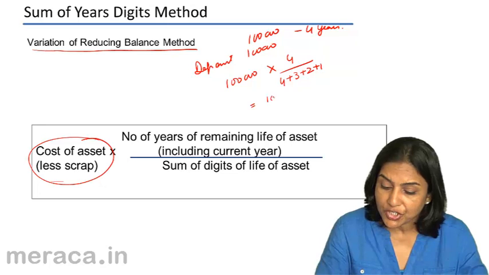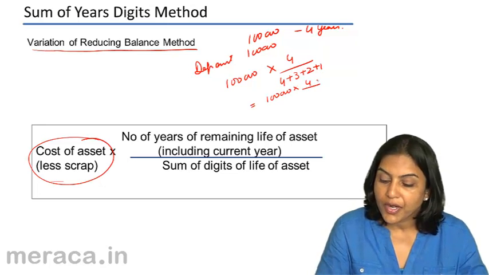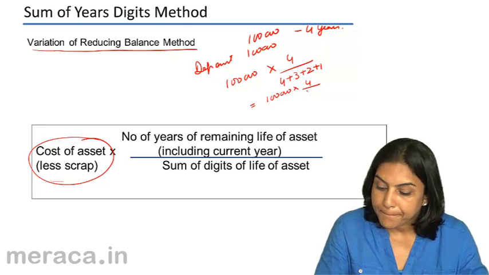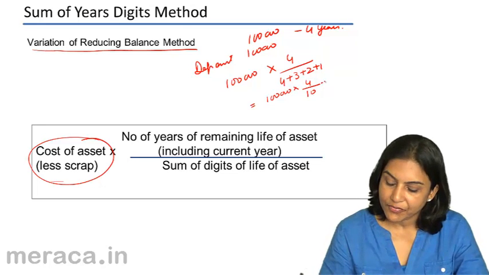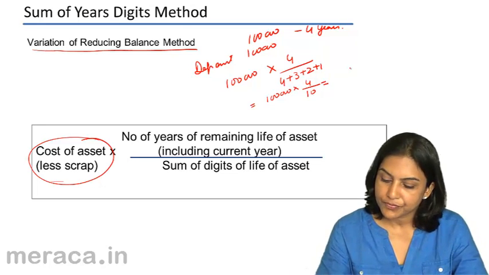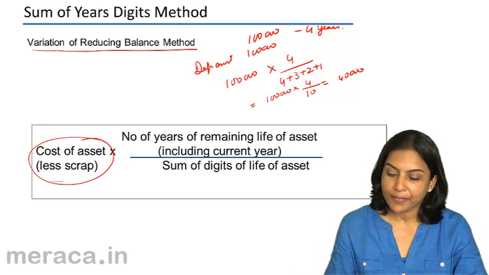Therefore, depreciation for year 1 would be 1 lakh into 4 by 10, which is equal to 40,000 in year 1.